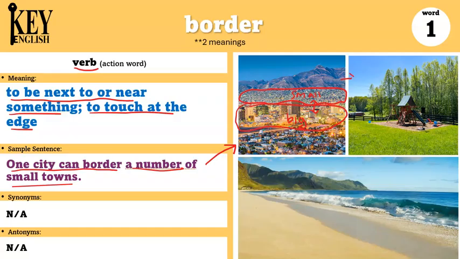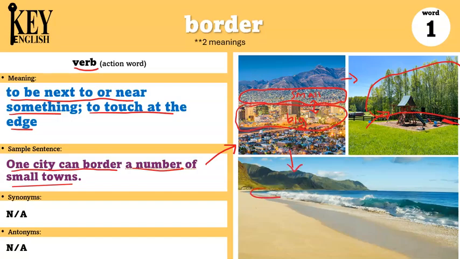And here in this playground, you can see there's a lot of trees in the background over here. So I can say the trees border the playground. They're next to or near the playground. They're touching the very edge of the playground here, so they border the playground. I can say the same thing about the ocean.